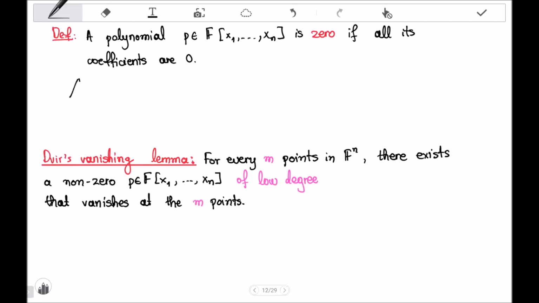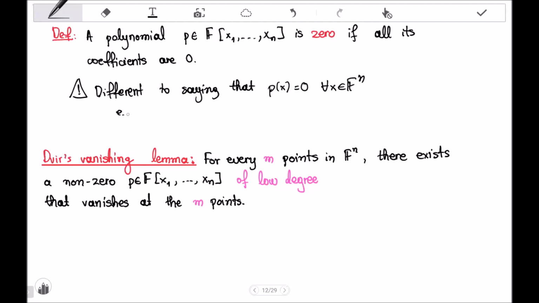And that is different to saying that the polynomial vanishes at every point in F to the n. In R^n, it's the same. A polynomial is the zero polynomial if and only if it vanishes everywhere. But in finite fields, it's not the same.